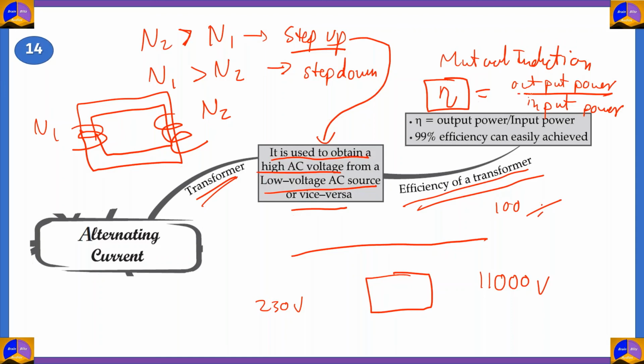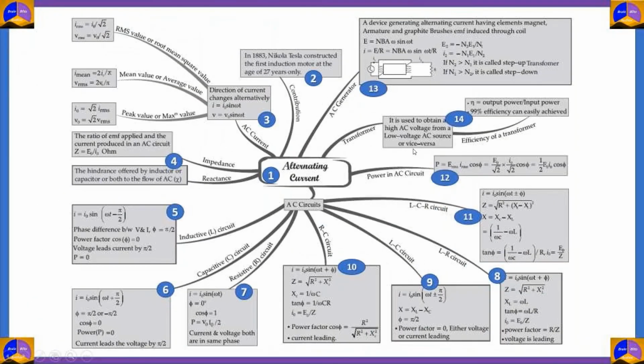So the power of the output supply of current divided by the power of the input supply of current. That gives you the efficiency and the power loss. And although we can't achieve 100%, we can easily achieve 99% efficiency using some very simple tricks to minimize power loss.